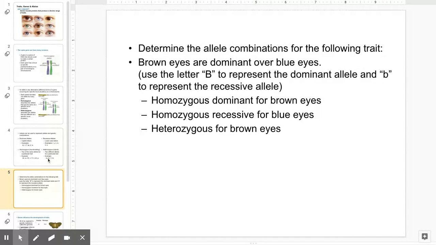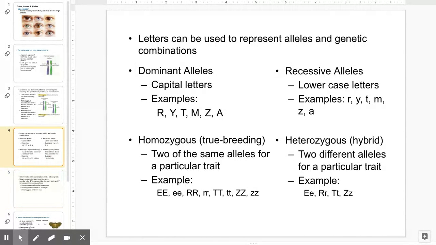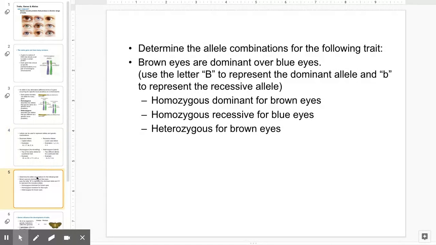And the thing is, with the idea of dominance and recessiveness, dominant alleles will cover up a recessive allele, so they can hide that trait. That trait can be there, but it might not be shown.